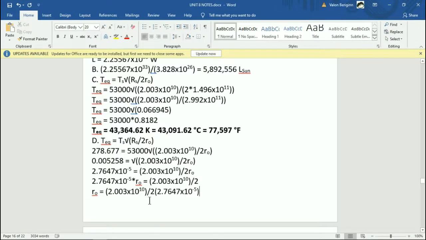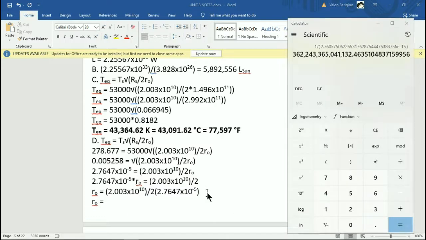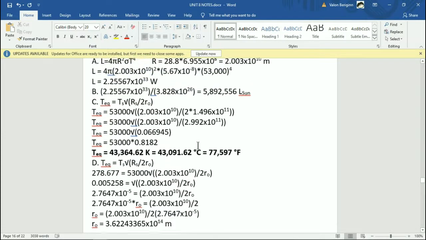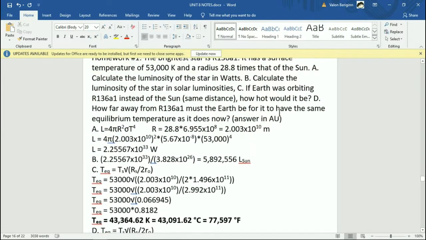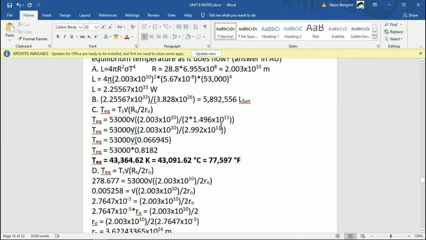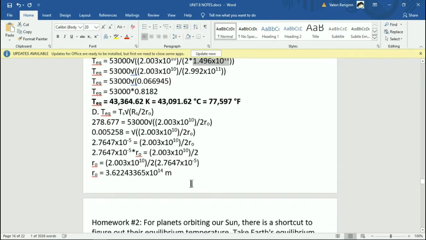Okay, I'm going to purposely not round this. So you get 3.6224, 3365 times 10 to the 14 meters. That is your answer. However, I did ask for the answer in AU. So to get an answer in AU, you're going to have to divide by this many meters, because that's the amount of meters in 1 AU.